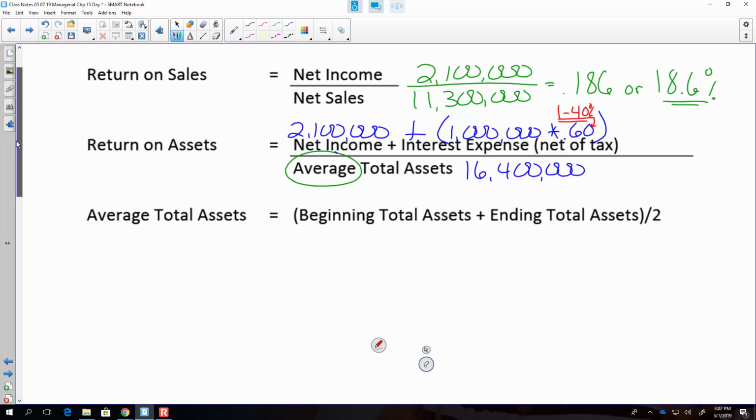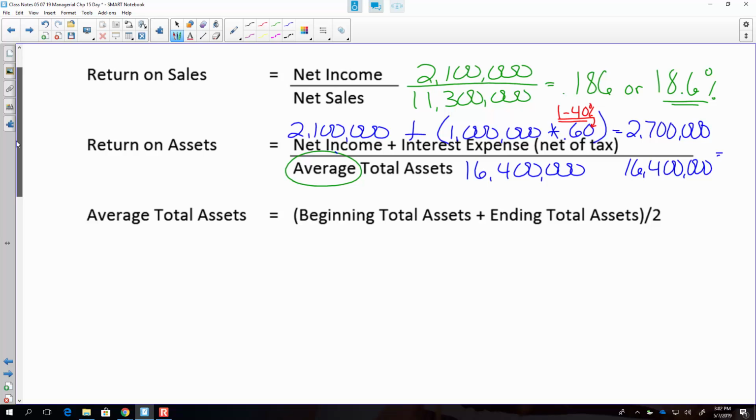So I'm going to add 600,000 to my amount. That's going to be 2.7 million. And I'm going to divide that by 16,400,000 of assets.